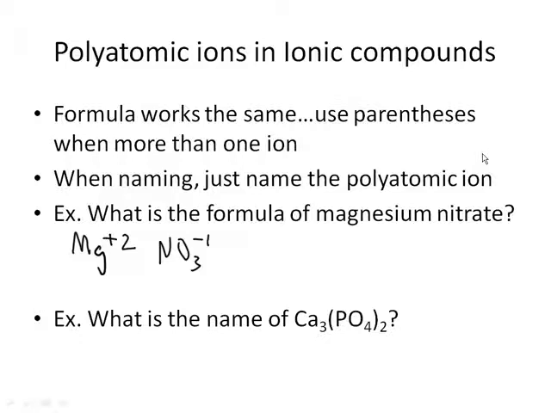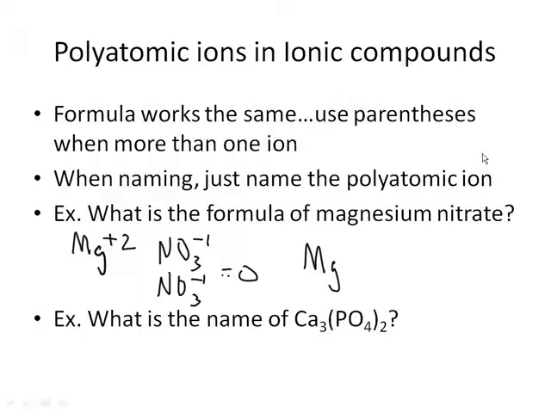So it's the same type of process that we had when we were dealing with just nonmetal anions. I have a +2 on my magnesium and a -1 on my nitrate. I'm going to need 2 nitrates so that my total charge equals 0. So how do I write this in a formula? Well, I still write the magnesium first, but I have 2 nitrates.